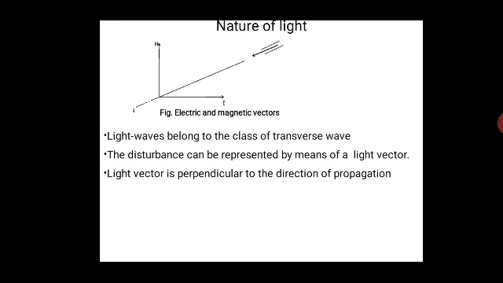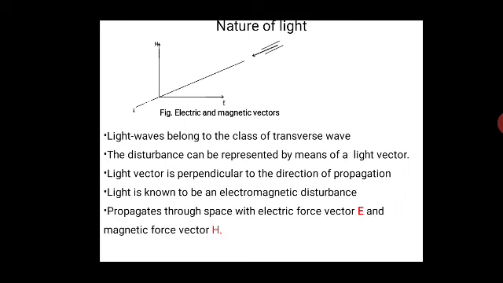The light wave is nothing but a disturbance which can be represented by means of a light vector, which is always perpendicular to the direction of propagation. Hence the light wave is known as an electromagnetic disturbance, which propagates through space with the electric force vector E and magnetic force vector H. Both are in perpendicular directions to each other.